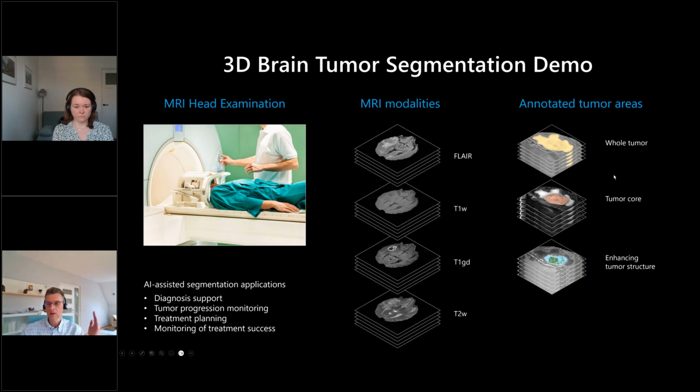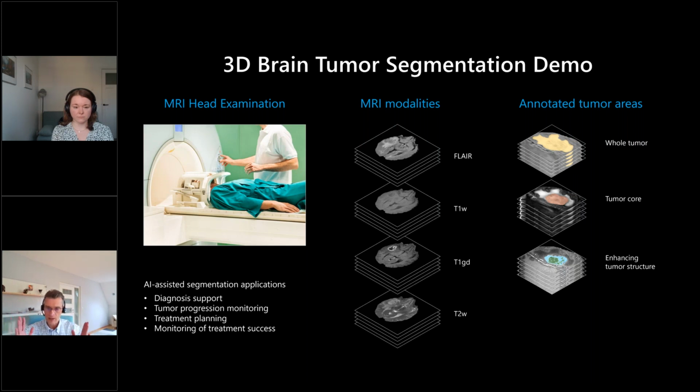And then also the labels are very specific. So we have annotated tumor areas, expert annotated tumor areas, which correspond to these 155 slices. And for medical use cases, different areas of the tumor can be interesting. So for example, here we see the whole tumor, which is the overall structure.